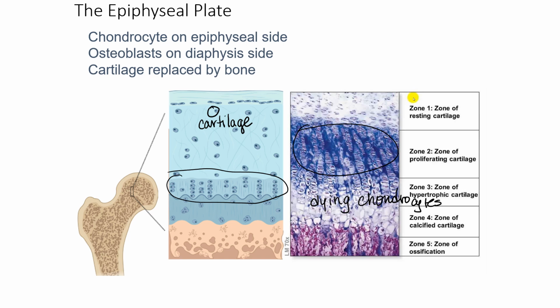As this happens, osteoblasts are moving upward, right? There's our bone tissue there. So these osteoblasts are moving upward and replacing the newly formed and newly dead cartilage with bone. I once heard someone say something like the osteoblasts chase the chondrocytes, pushing the epiphysis away from the diaphysis.